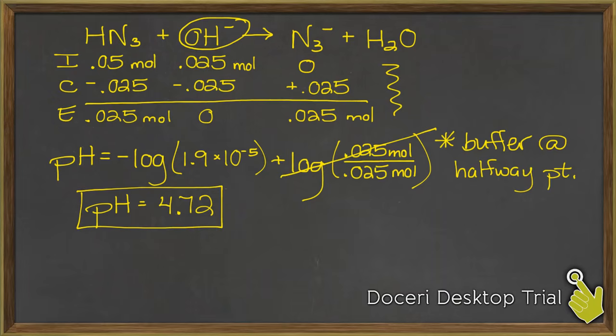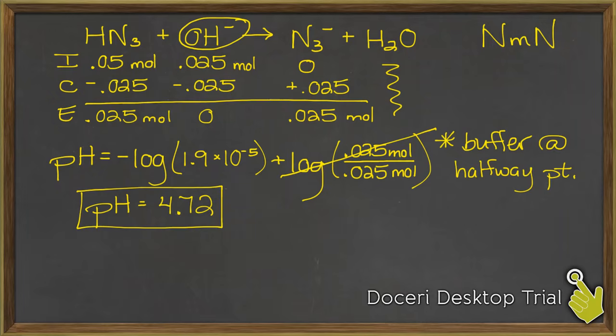So I wrote out my net ionic equation at the top of the screen. Okay, this is a NEWMAN ice table. So in this particular problem, since the volume was given to me as 1 liter, I decided to just go ahead and use regular old moles instead of millimoles.